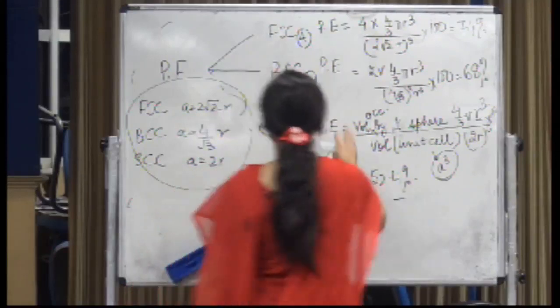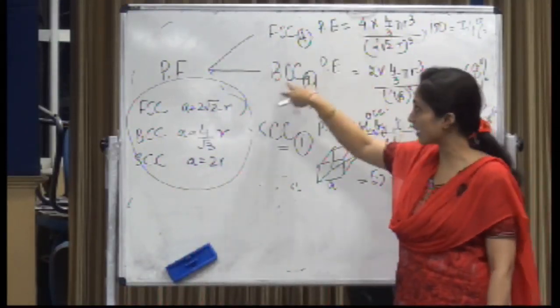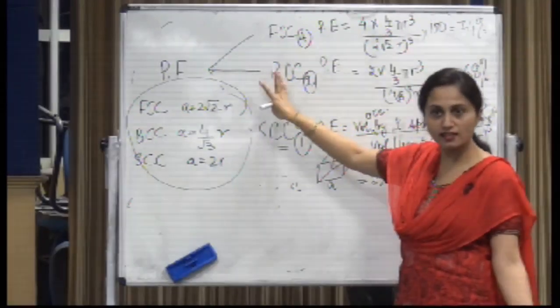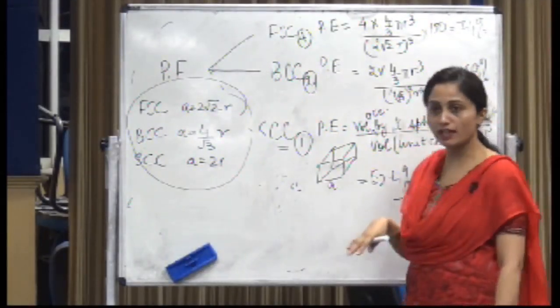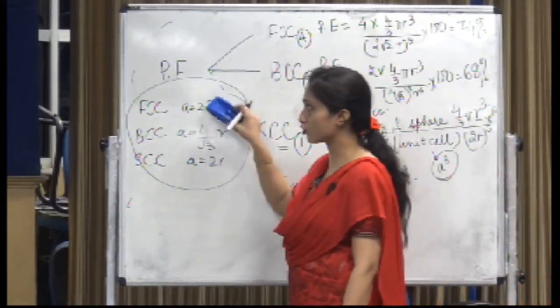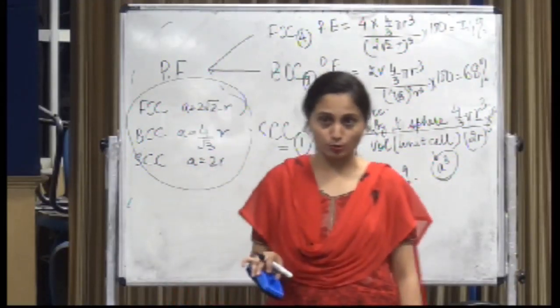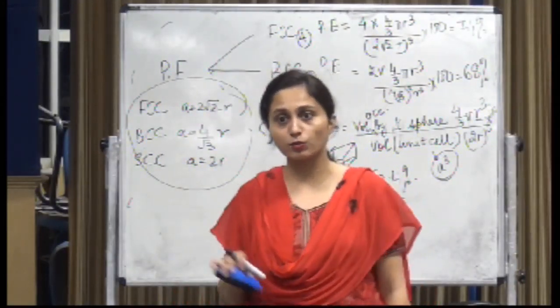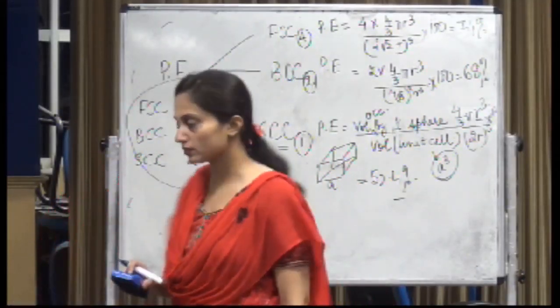Formula remembered? Packing efficiency is the volume occupied by the total number of atoms per unit cell, and atoms are spheres, upon the volume occupied by one unit cell. And then this relationship also is very important: for FCC A is equal to 2 root 2 r, for BCC A is equal to 4 by root 3 r, and for SCC it's the simplest.